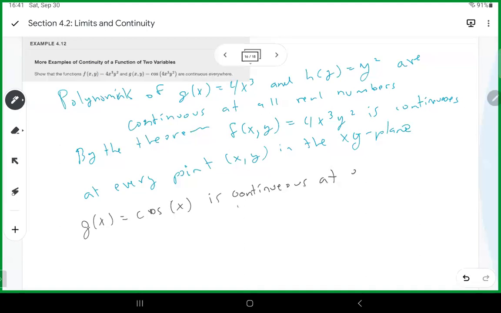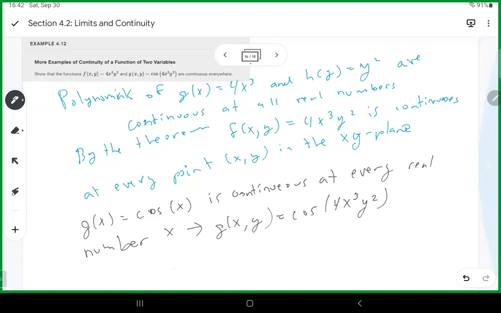At every real number x. So then that tells us that g of xy equal to the cosine of 4x cubed y squared is continuous at every point in the xy plane.